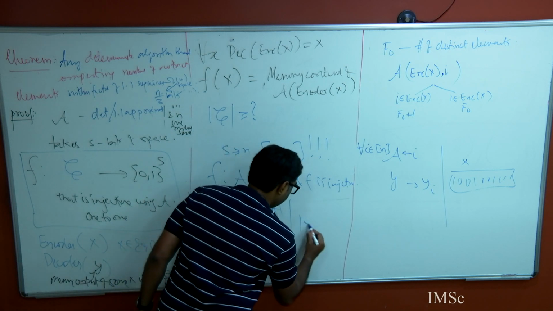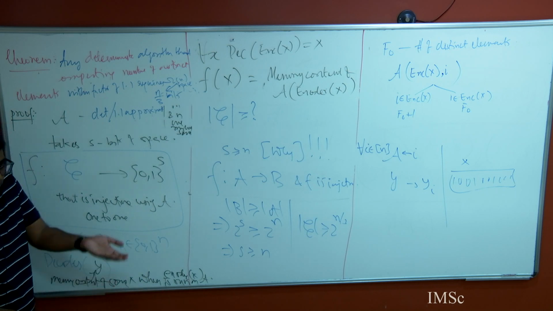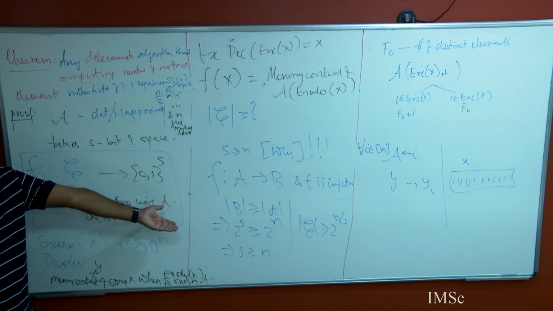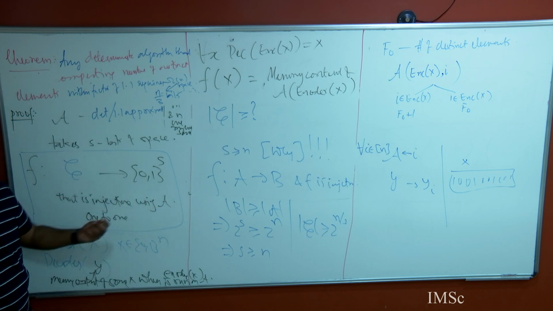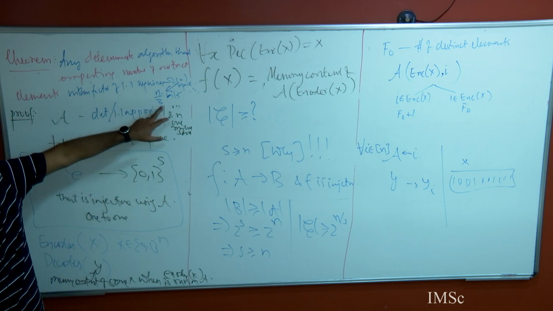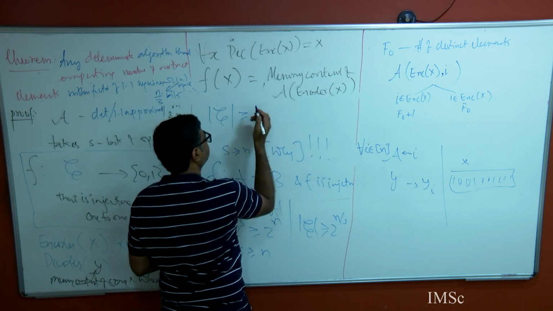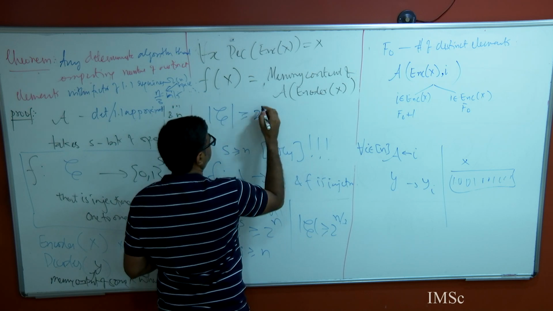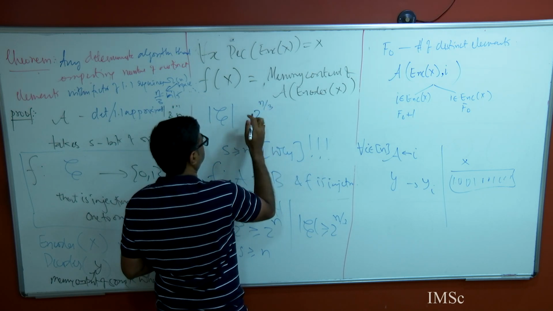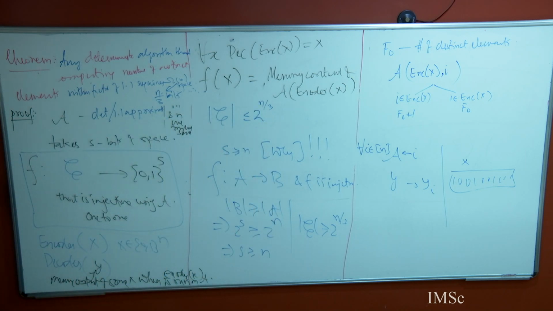So the cardinality of C should be greater than or equal to 2 to the power n by 3. If it is less than this, things wouldn't work out. Because it is an approximation, I'm not using anything else. So one thing is clear: if I want n by 3 bits, the size of C should be roughly equal to this.